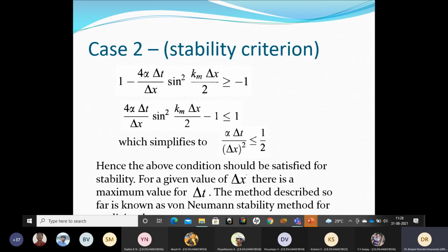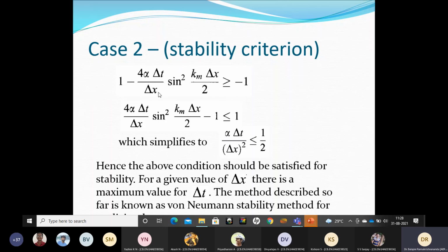But for the next one, which is the stability criterion, this inside one should be greater than or equal to minus 1. When you take the negative one, the sign becomes greater than or equal to, because if it is greater than minus 1, its magnitude is less than 1.